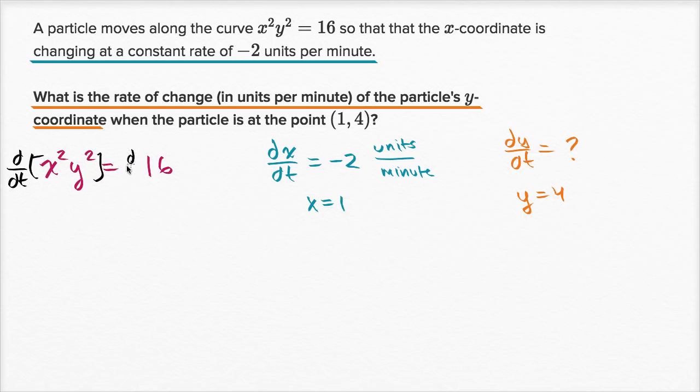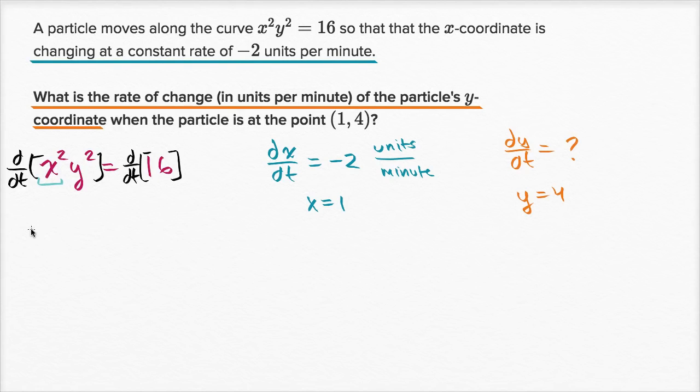And if at any point you get inspired, I encourage you to pause the video and try to work through it. Well, on the left-hand side, if we view this as a product of two functions, we could take the derivative of the first function, which is the derivative of x squared with respect to x.